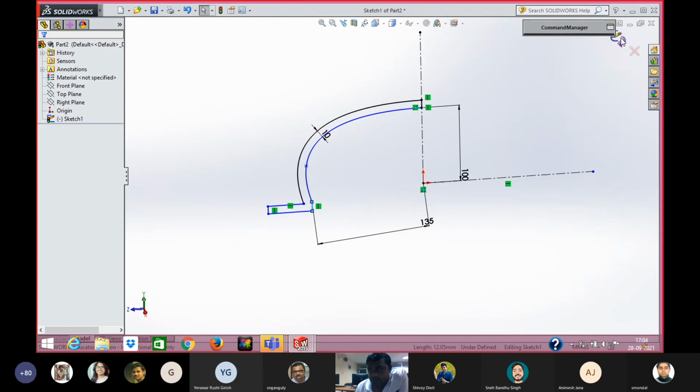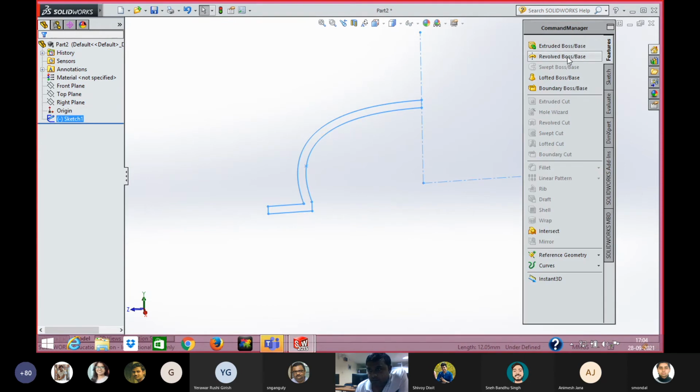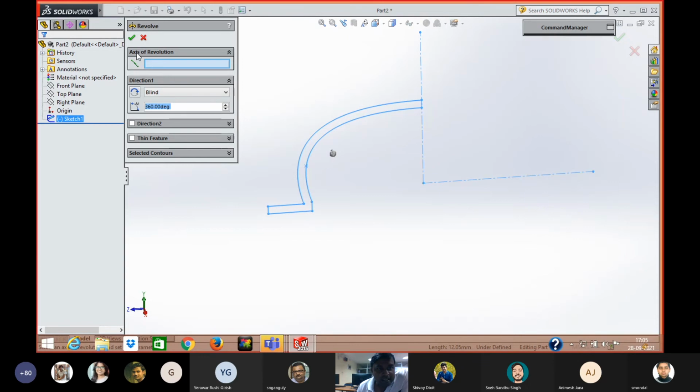Then we can leave the sketch and go to the revolve boss. It's showing the axis of the revolution, in which axis we have to revolve that. So we can take this.